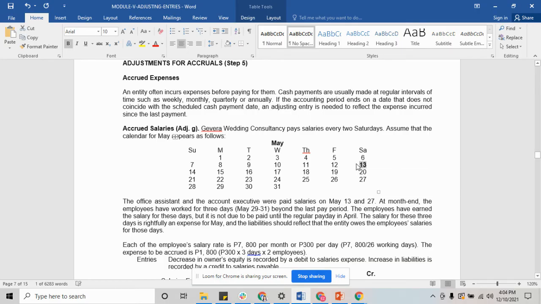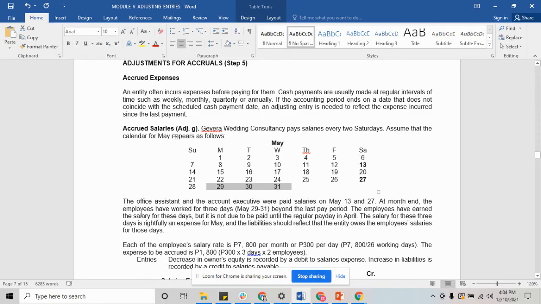Dito daw siya binabayaran. And at the end of the month, the employees have worked for 3 days, May 29, May 30, and 31, beyond the last pay period. So, nagbayad ka ng salary ng 27, pero may tatlo pang i-work daw sila after ng payment mo.